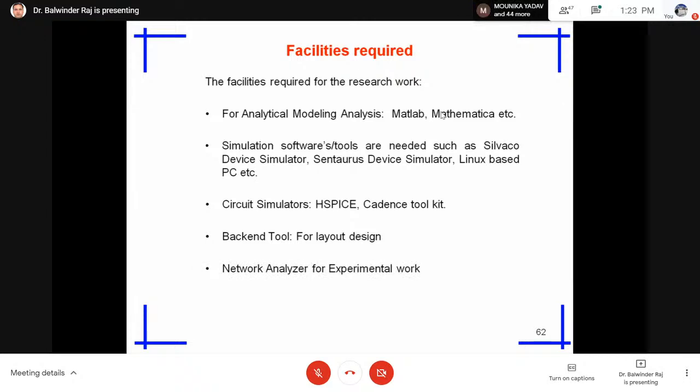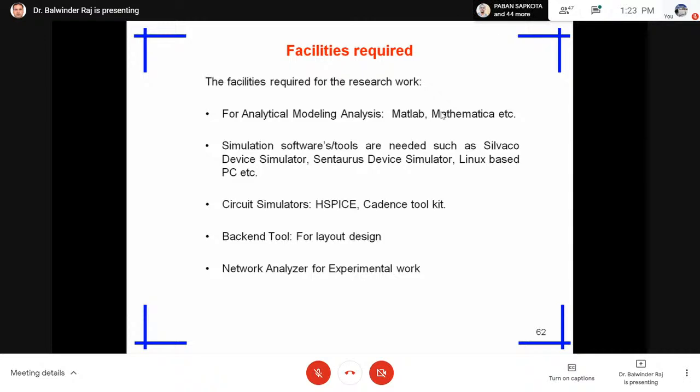We require MATLAB or Mathematica. If you propose a new device, for the conventional MOSFET there are well established mathematical expressions available in the textbook for drain current and potential. Those current expressions and potential expressions you can modify according to your device structure, maybe double gate or triple gate.